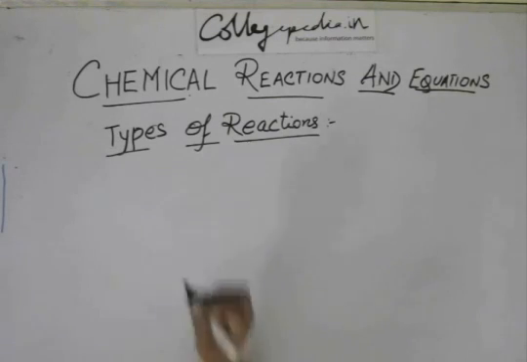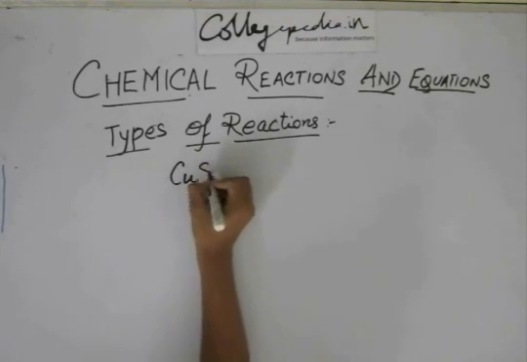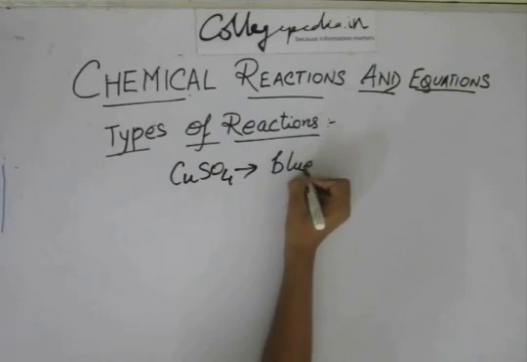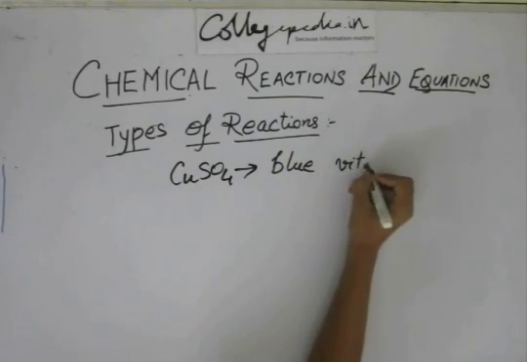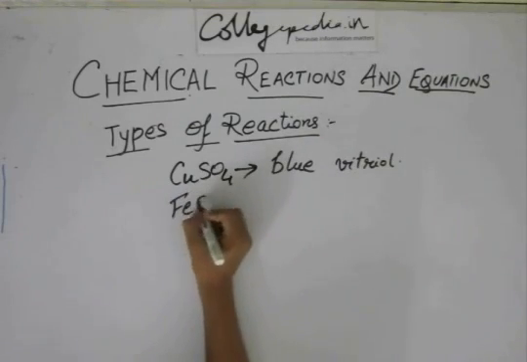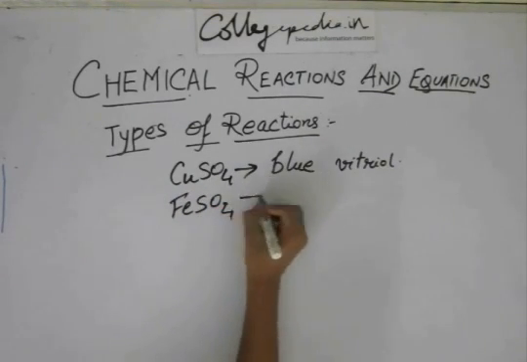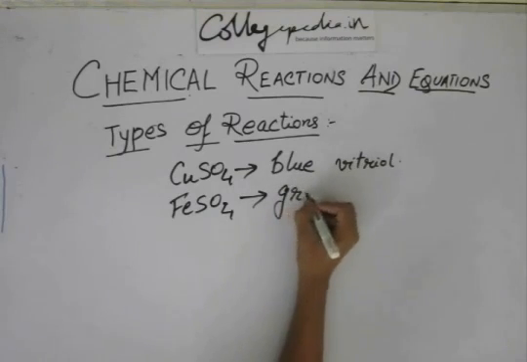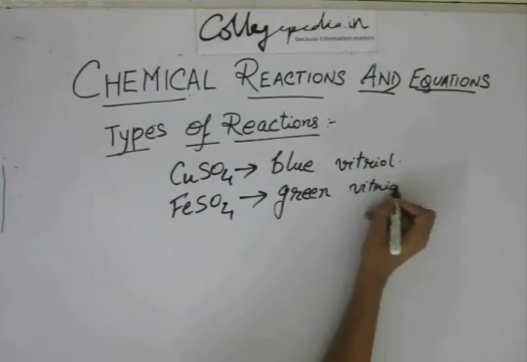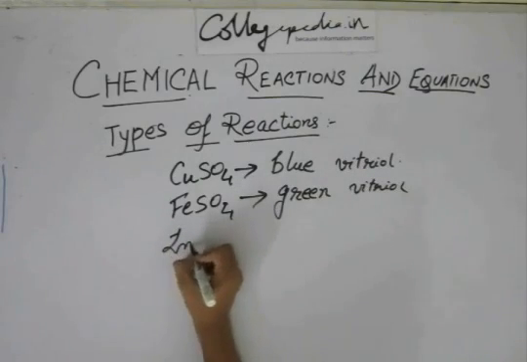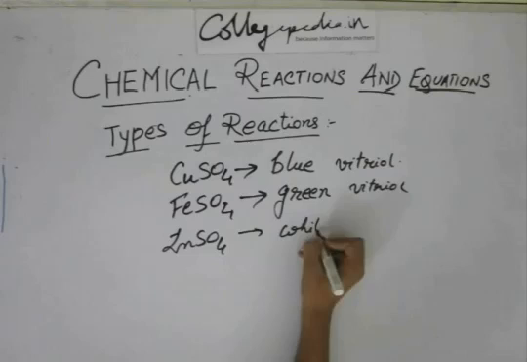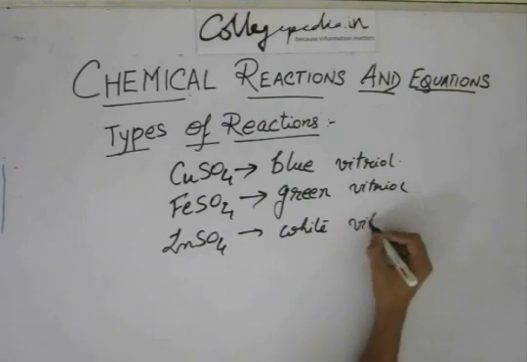Okay, one important thing is that copper sulfate is commonly called blue vitriol. Ferrous sulfate is commonly called green vitriol. And zinc sulfate is known as white vitriol.